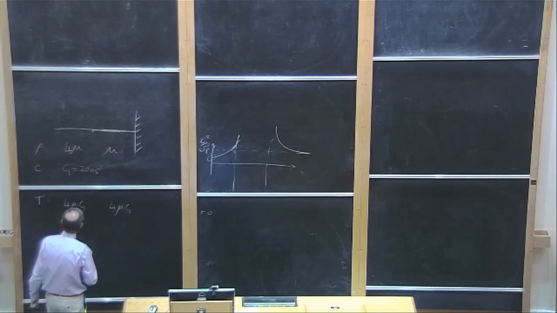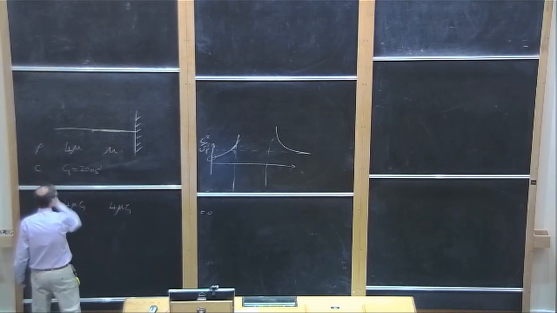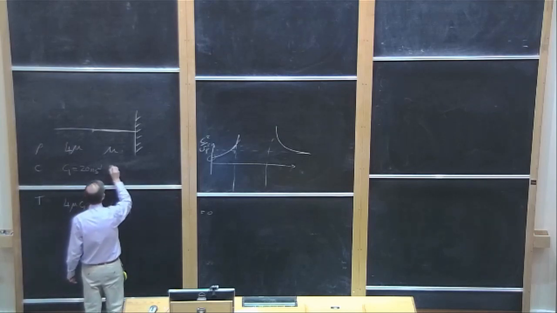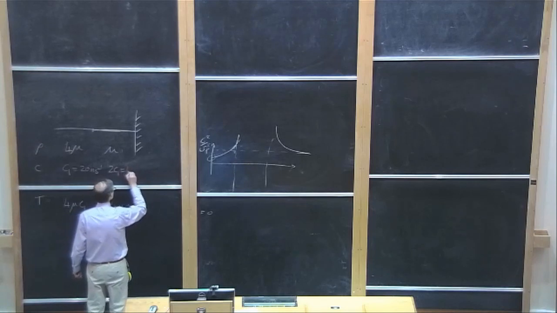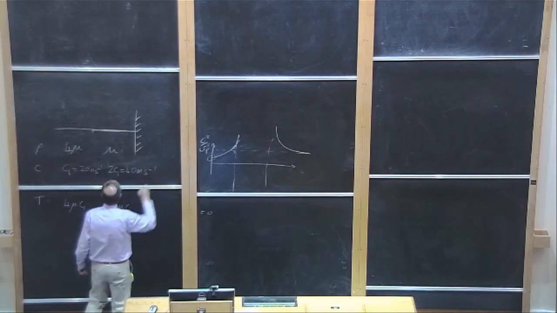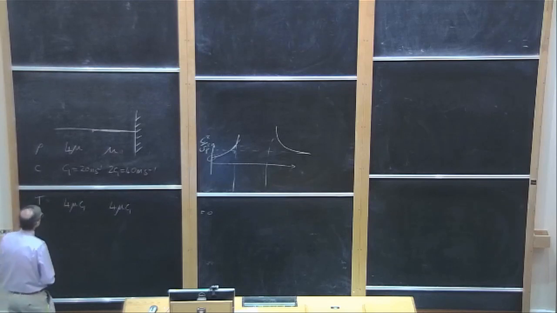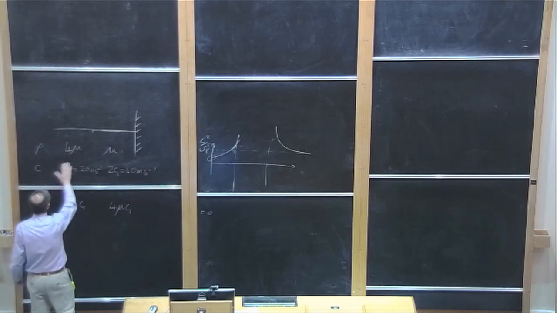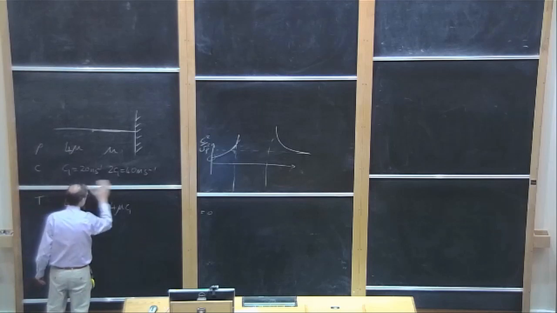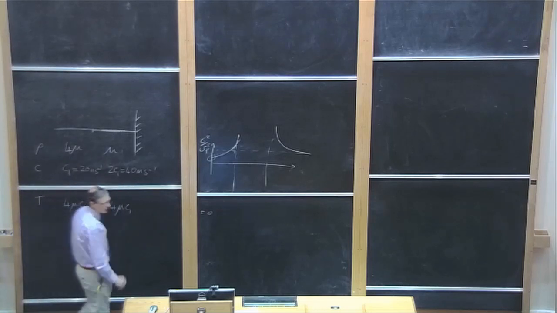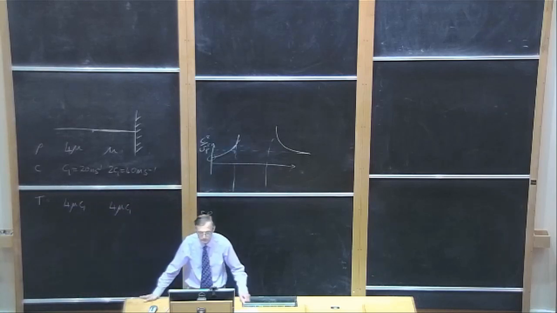And then C is root T over rho, so here it's 2 C1, which is 40 meters per second. They didn't tell you that, but we've just worked it out, and we do need to know that. So we have a boundary where the mass density changes and the speed. The mass density goes down by a factor of 4, and the speed goes up by a factor of 2.